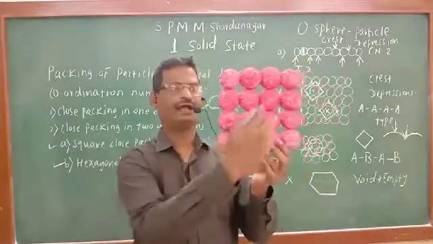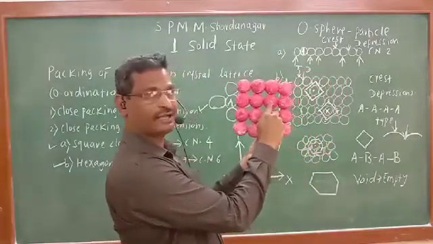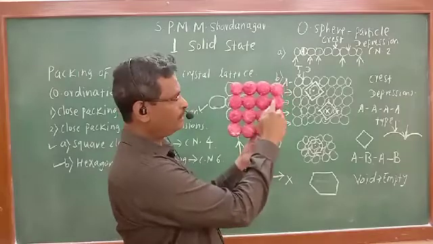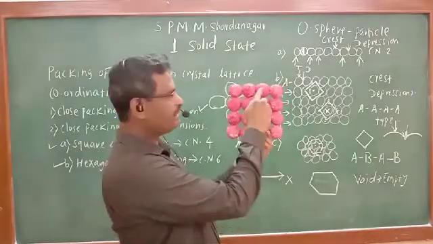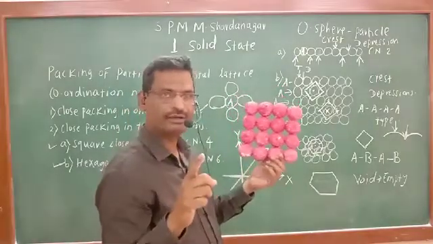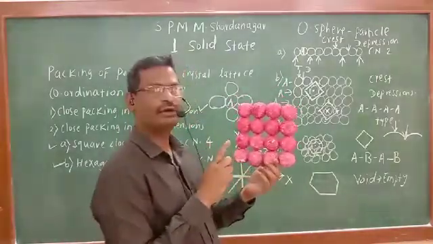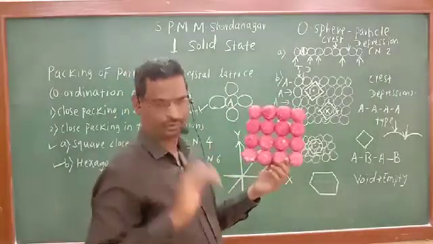And if we study this one, it is in contact with how many other spheres? 4. 1, 2, 3 and 4. If we join the centers of all these 4 together, we will get a square. So it is known as square close packing, where coordination number is 4.